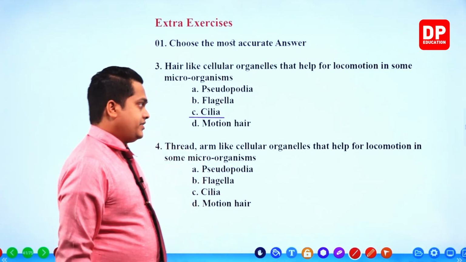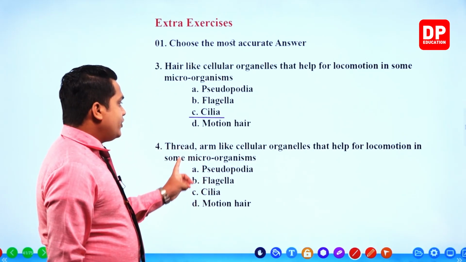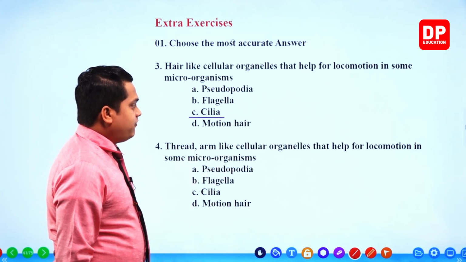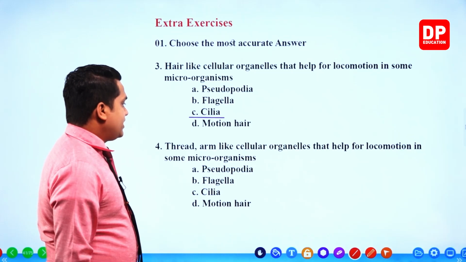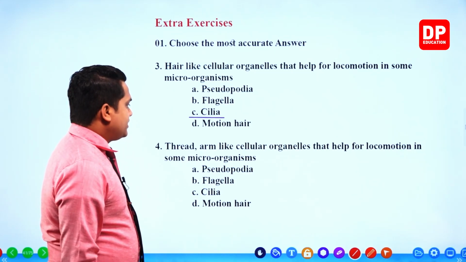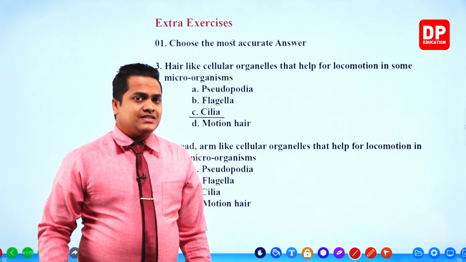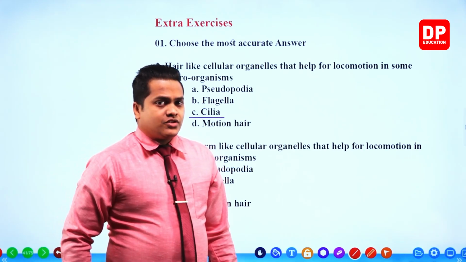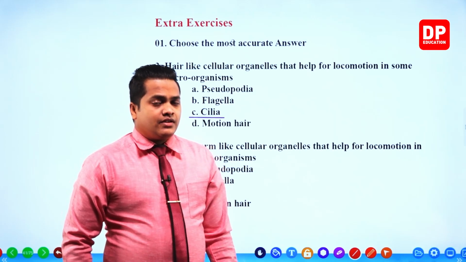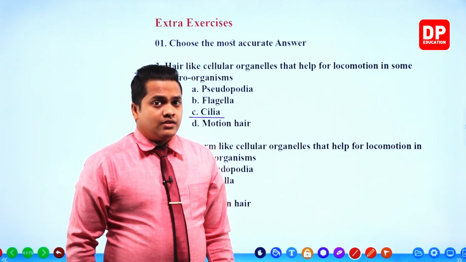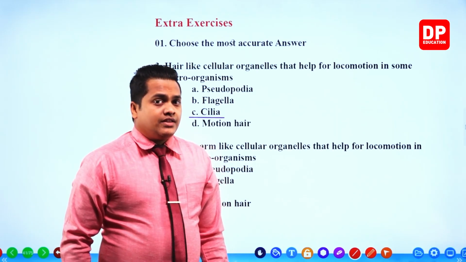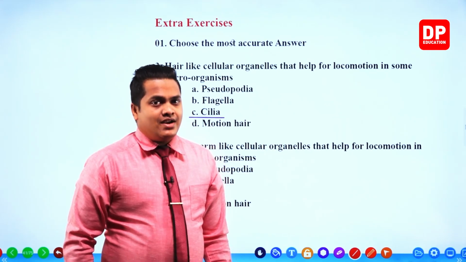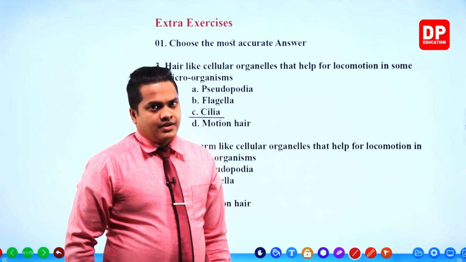Okay, right. Thread or arm-like cellular organelles that help with locomotion in some microorganisms. A thread-like or arm-like structure is clearly visible in microorganisms like Chlamydomonas and Euglena.